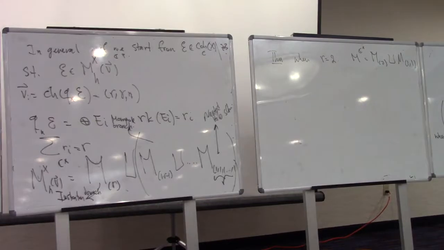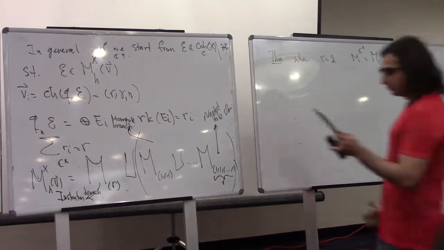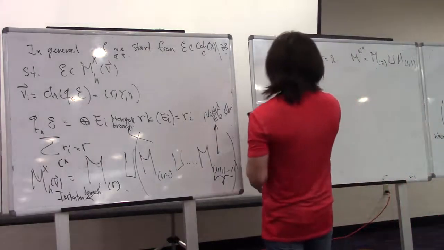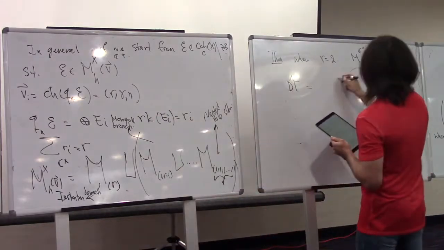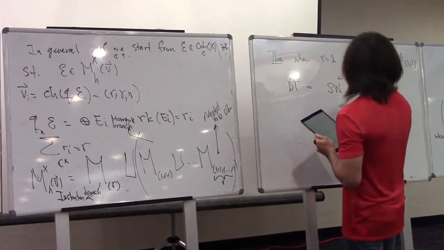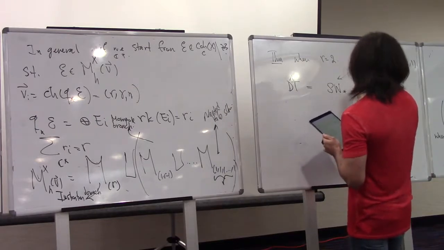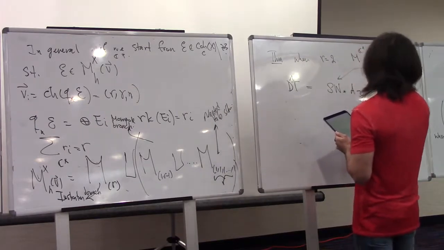I have completely calculated the deformation obstruction theory of these. So the DT invariants in this case are going to induce Vafa-Witten invariants together with certain combinatorial coefficients.